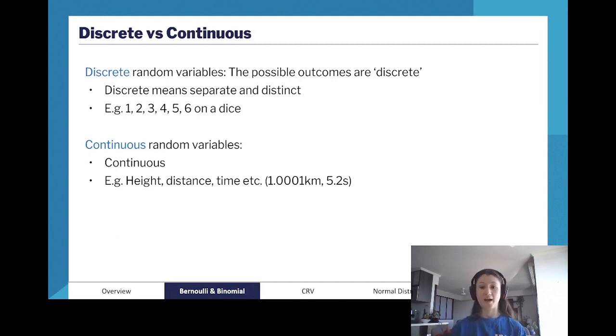We could have any value. So continuous random variables typically are measurements, because these are the things that usually can be continuous. So such as height, distance, time. You might get, say, velocity, weight, any of these kinds of things, right?